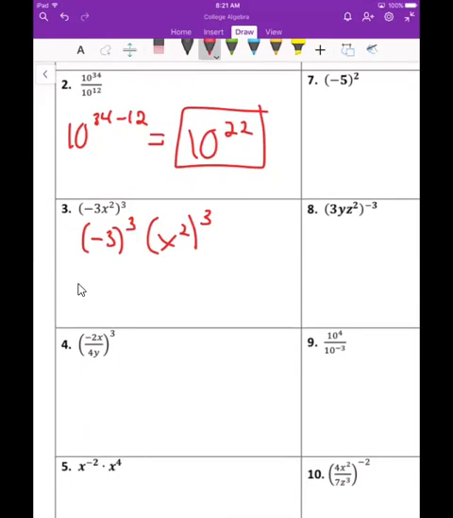So in the end, we have a negative number that's cubed, so that'll stay negative. That's -3 times -3 times -3. You can use your caret key in your calculator to do that, but always make sure you remember the parentheses. We can simplify that, right? That's -27. It's a small number, so we can go ahead and simplify it. X to the 6th. Remember, you will multiply when you have a power to power going on.